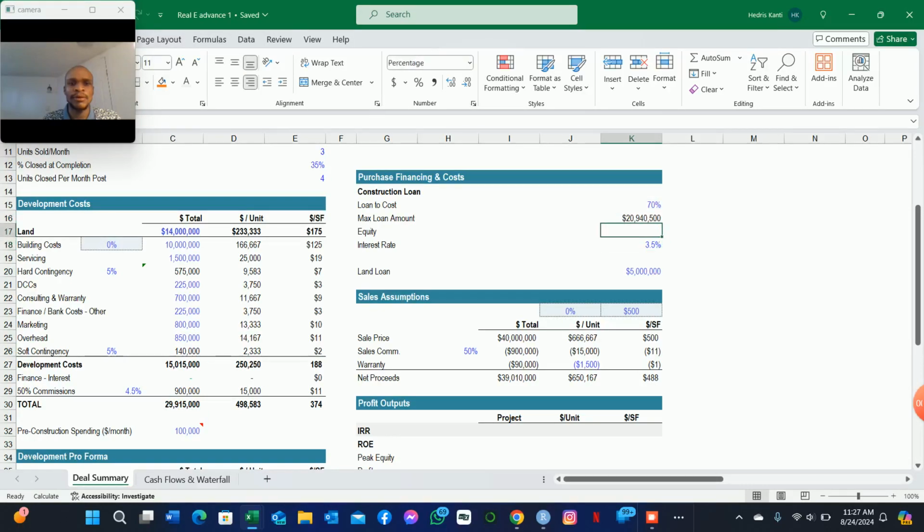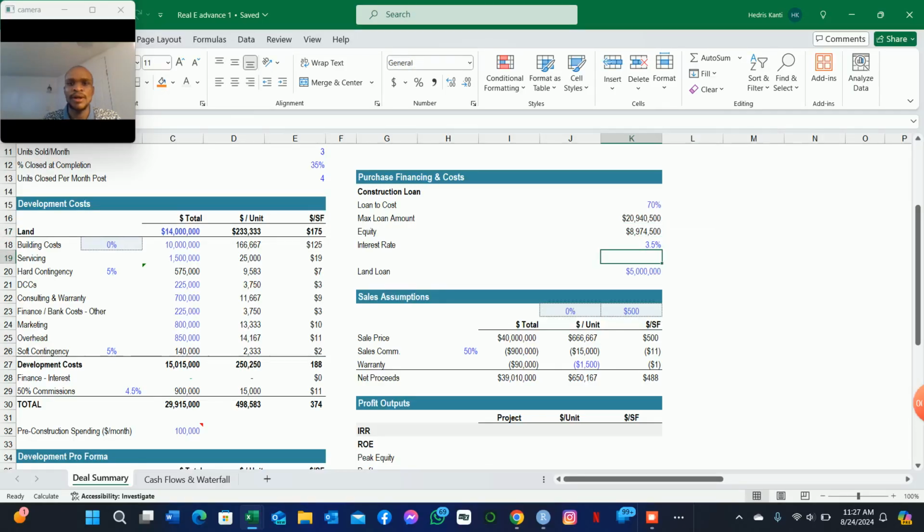So the equity is going to be the difference between the total cost and whatever is contributed or borrowed from the lenders.